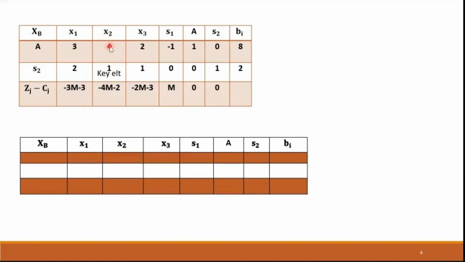So it will be like R1 minus 4 into R2. And for getting this part 0, I'll take R3 plus 2 into R2. Okay? So these are the row transformations which are required to make the X2 column as 0, 1, 0.